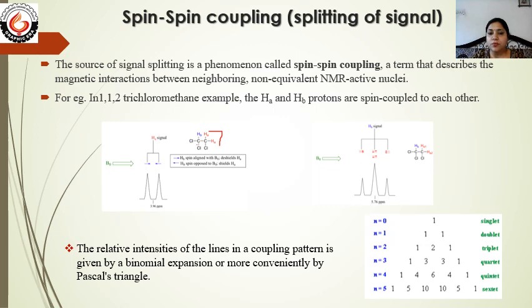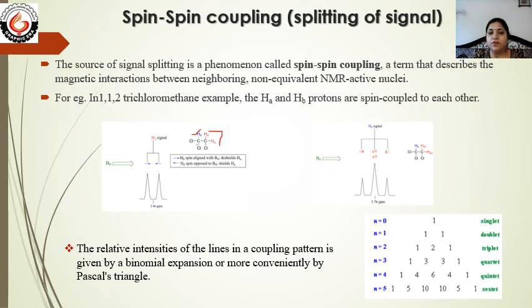So both have the same environment and these two will give a single signal, whereas the hydrogen shown in blue color has a slightly different environment because it is attached to a carbon which is further attached to two chlorines and one carbon.